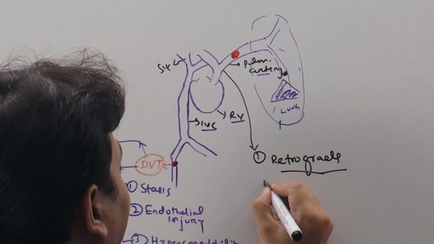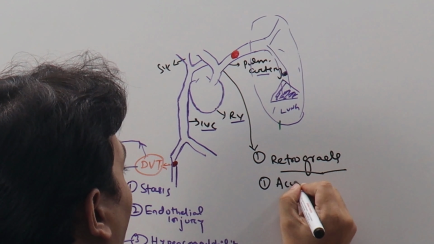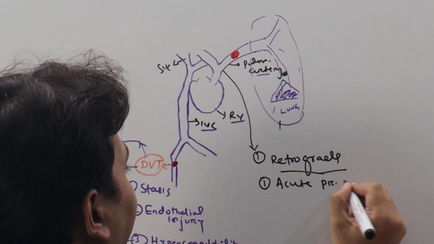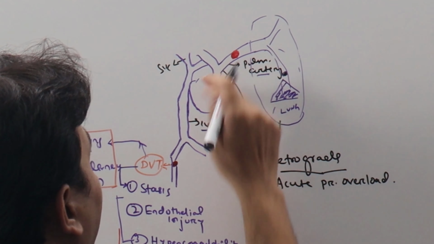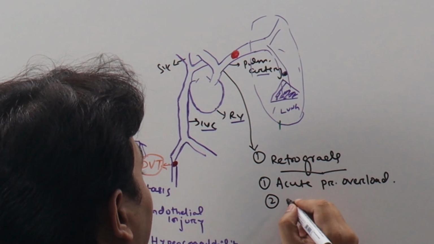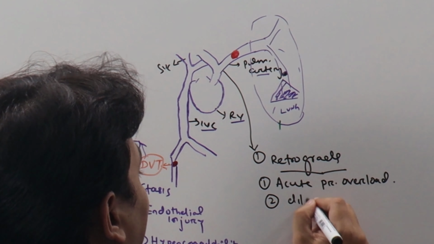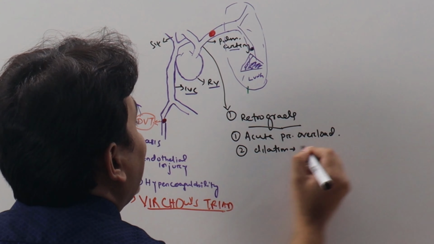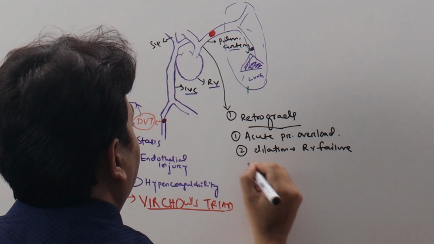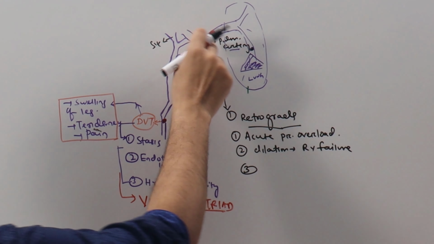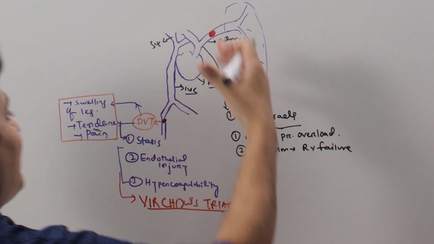So what will happen? There will be acute pressure overload. And whenever there is acute pressure overload, the RV reacts with dilation. So there will be RV dilation that will lead to RV failure, right? Third, because of the thrombus, there will be widespread inflammation.